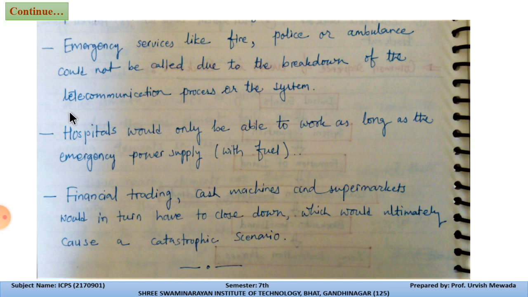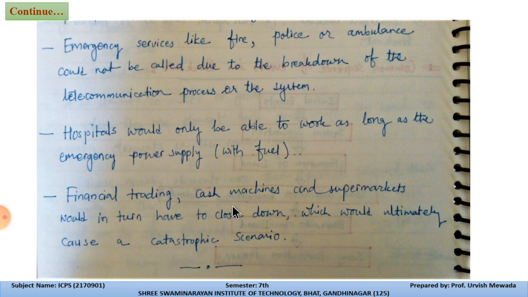They have their own DG sets, but for long durations they cannot survive. So hospitals would only be able to work as long as the emergency power supply, meaning DG sets with fuel. That will be costly for them, and financial trading, cash machines and supermarkets would in turn have to close down business.